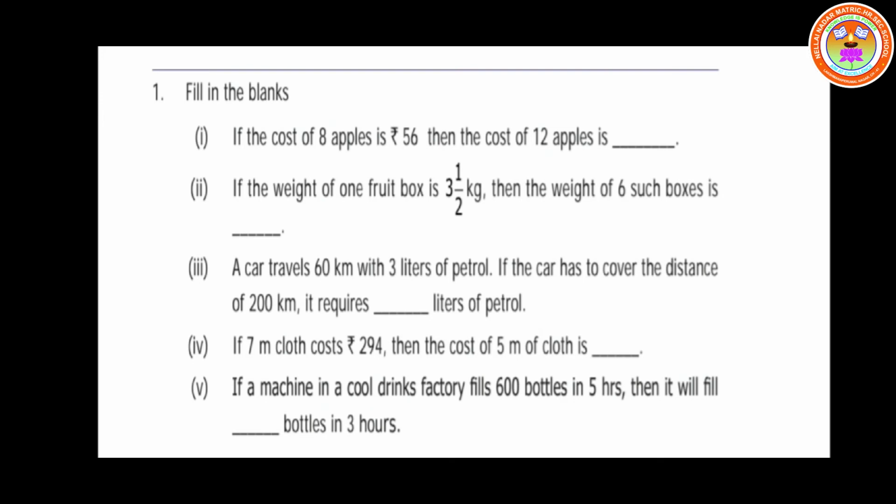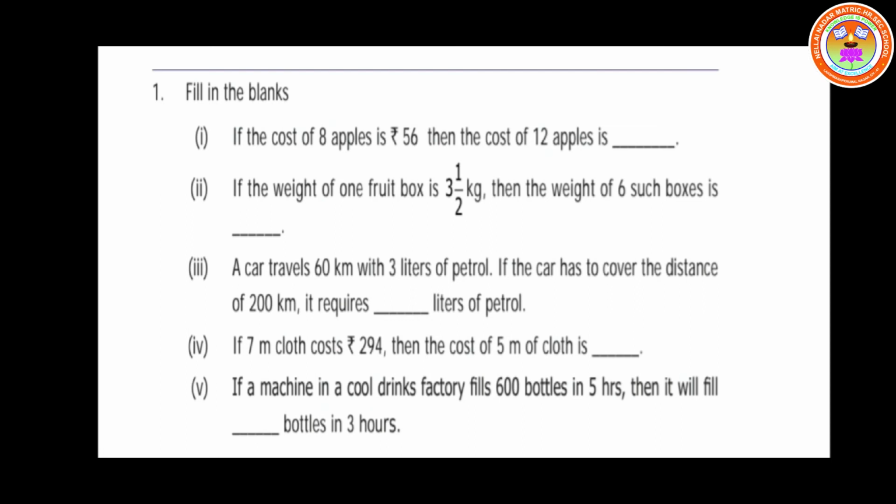Okay. Now second subdivision. If the weight of one fruit box is 3 1 by 2 kg, then the weight of 6 boxes is dash. So the weight of one fruit box is 3 1 by 2 kg. Convert this mixed fraction into a fraction. 3 2s are 6. The numerator plus 1. So 6 plus 1, 7. So 7 by 2 kg. The one fruit box is 7 by 2 kg.